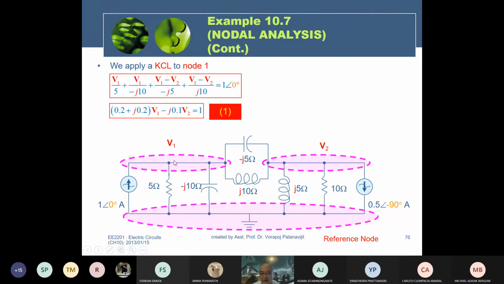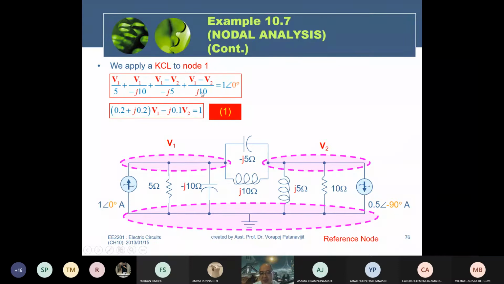Here, (V1 minus 0) divided by 5, and (V1 minus 0) divided by minus j10. For this branch, (V1 minus V2) divided by minus j5, and the last one, (V1 minus V2) divided by j10.